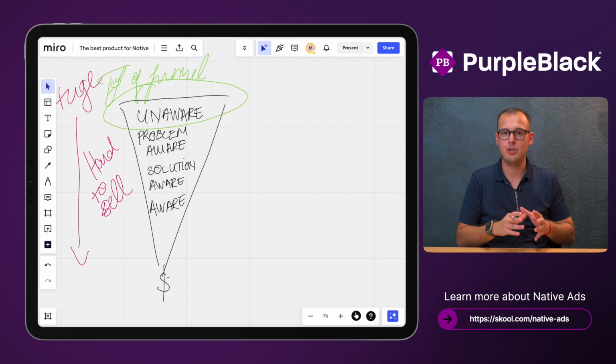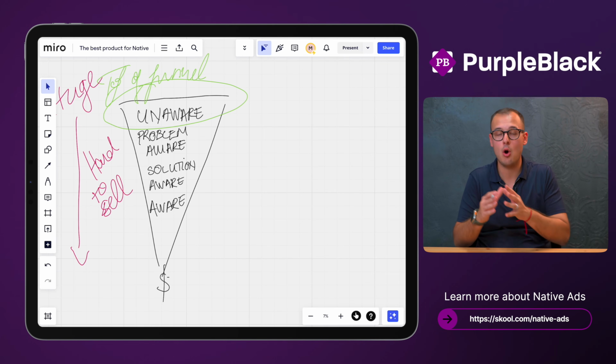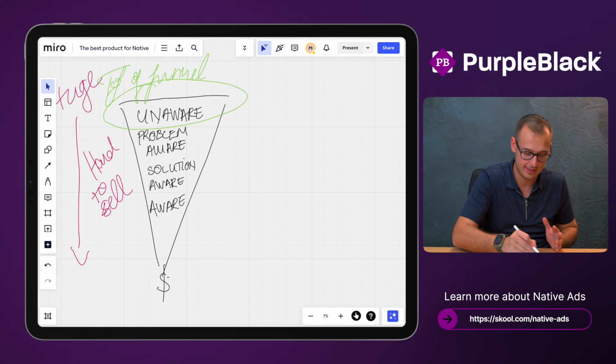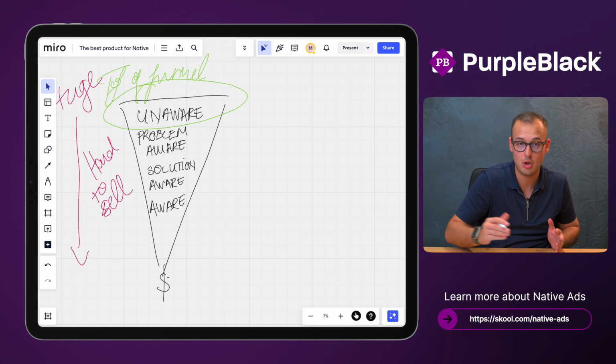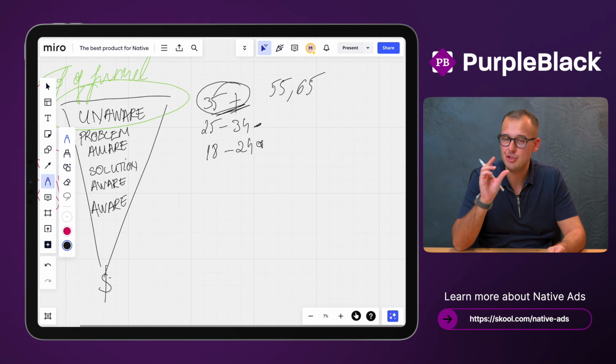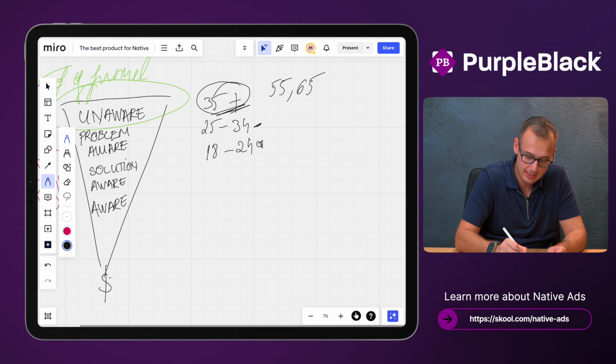Another thing which you have to keep in mind is the age of the audience. When we speak about native, we do have a bit of an elderly audience. So it's not working when you have a very young audience, like on other platforms such as TikTok, for example. In general, the sweet spot is 35 plus.